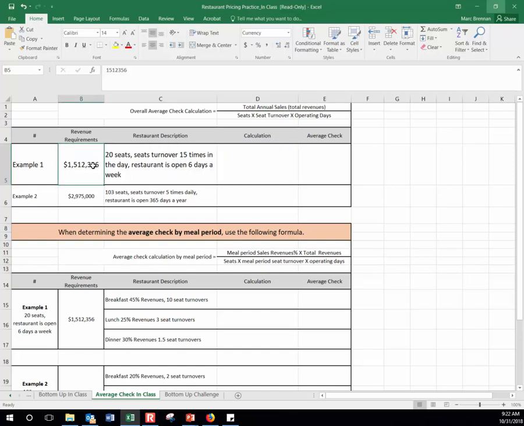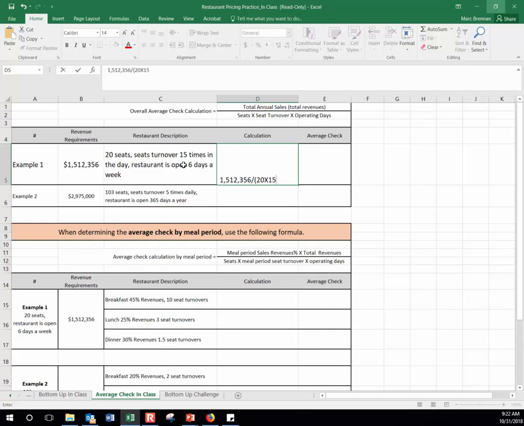which in this case is my revenue requirement divided by how many seats times the seat turnover times operating days. So in this case, it's going to be $1,512,356, and I'm going to divide that by, and we'll open up our brackets to make sure we do this calculation first, 20, which is the number of seats in our restaurant, multiplied by how many times these seats turn over.